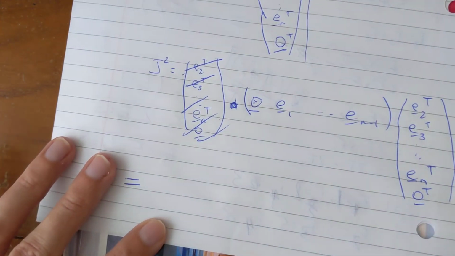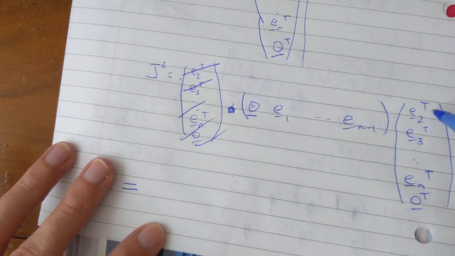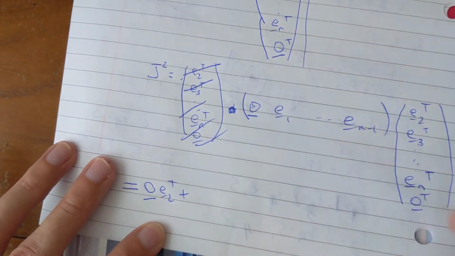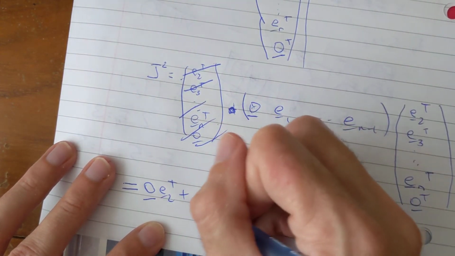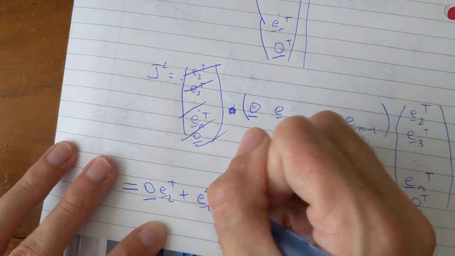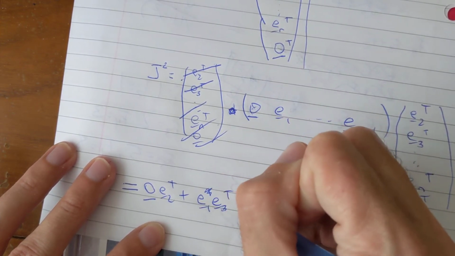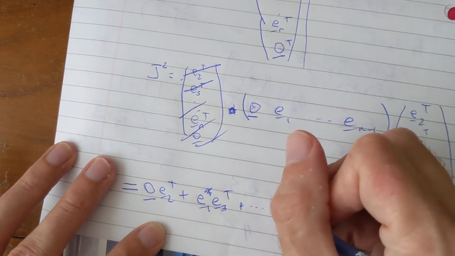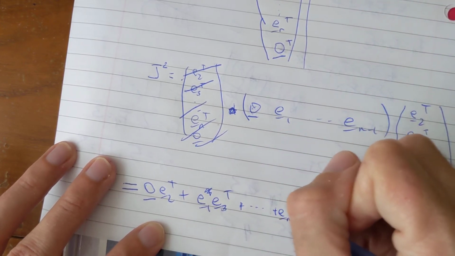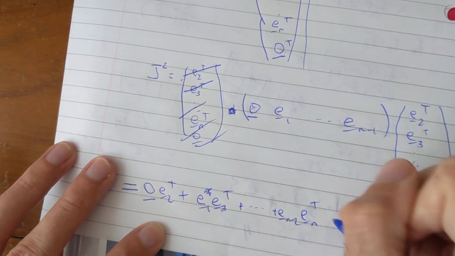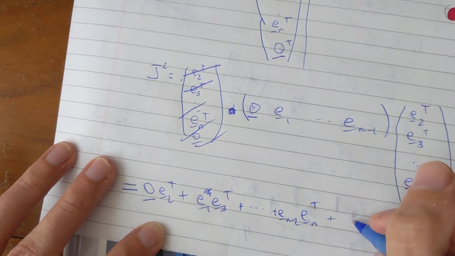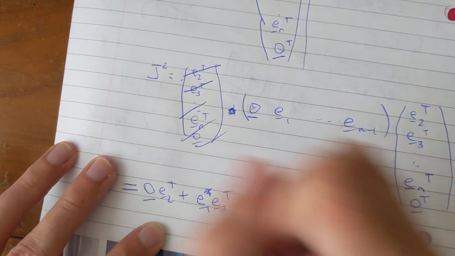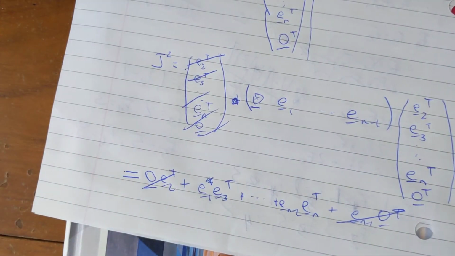I multiply and get 0 vector times E2 transpose, plus E1 times E3 transpose, and then the second to last thing is plus En minus 2 En transpose, plus En minus 1 0 transpose. Of course, the terms involving the zero vectors are just 0.